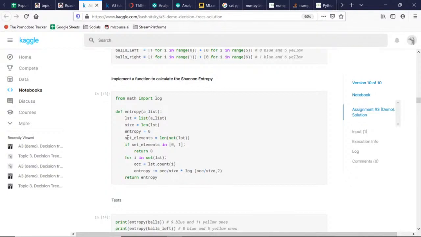And they also use another variable here. Okay, so if we have only one element or 0 elements in our initial list, or all of them are repeated, entropy is 0. But for every element in set, we count how much it occurs in the list, then multiply, and then apply the function.